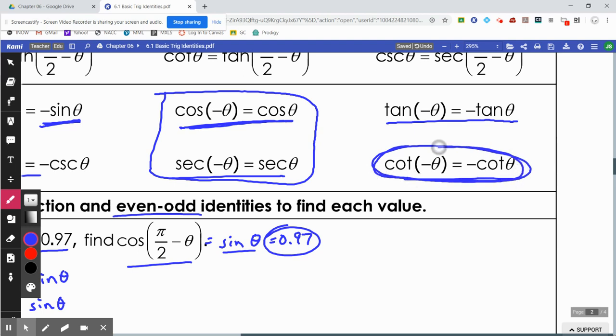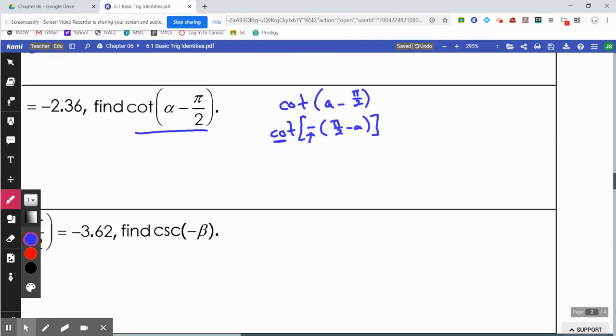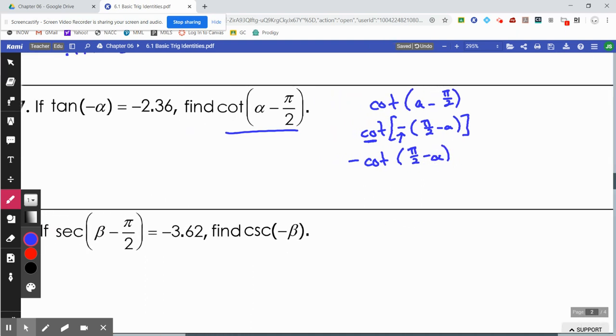Anytime you have the cotangent of a negative, that negative, because it is an odd identity, can be moved out front. So we can write this as the negative cotangent of pi over 2 minus alpha. That's what we're looking for.